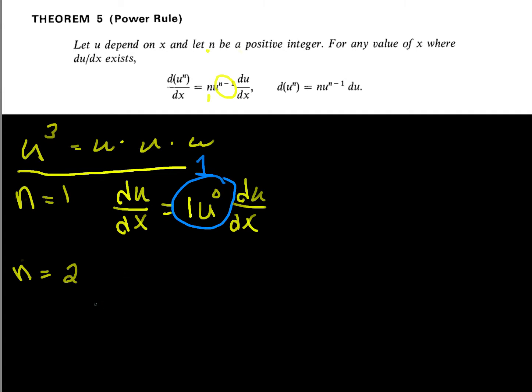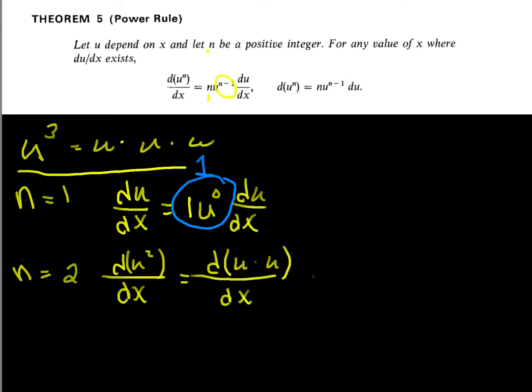Now, if n equals 2, then we need to use the product rule. Because then d(u squared)/dx is simply the derivative of u times u.